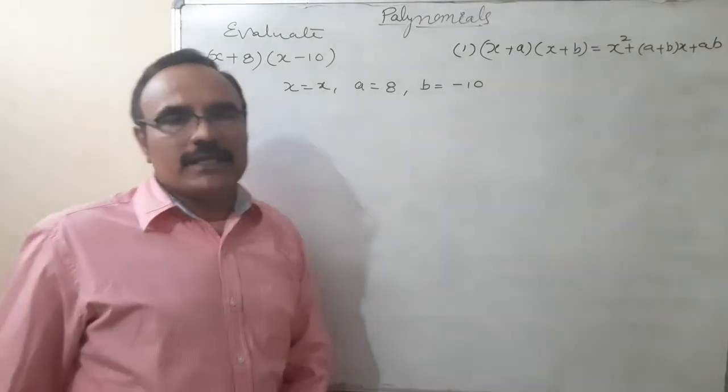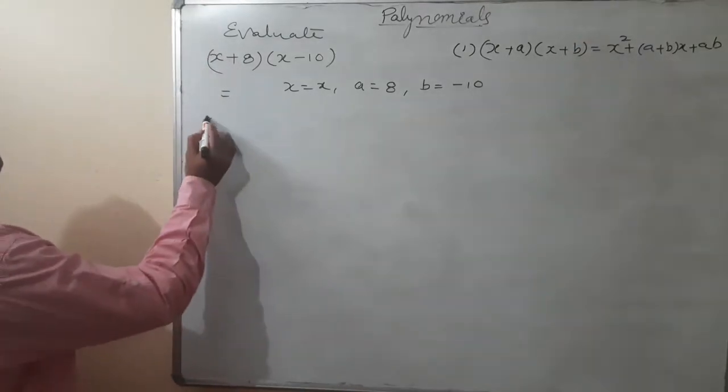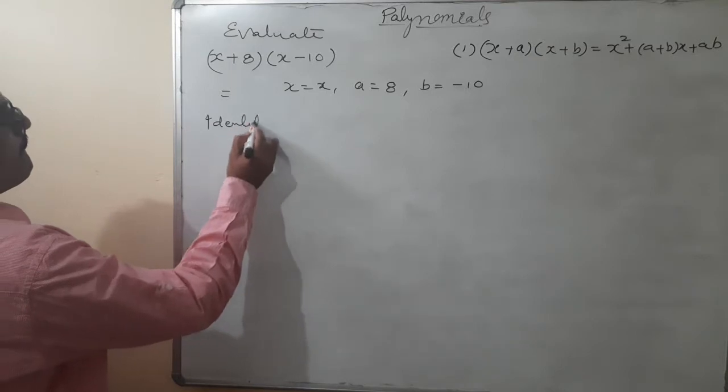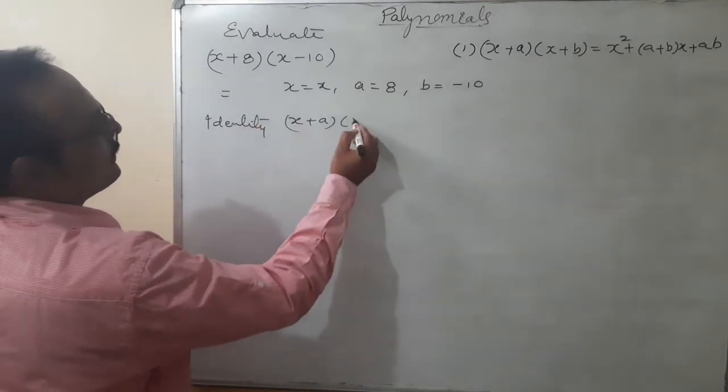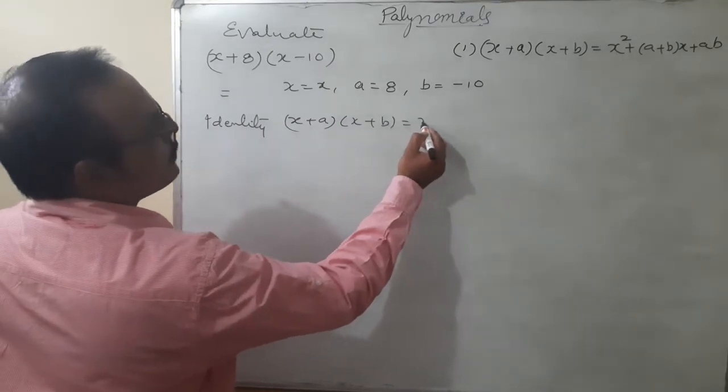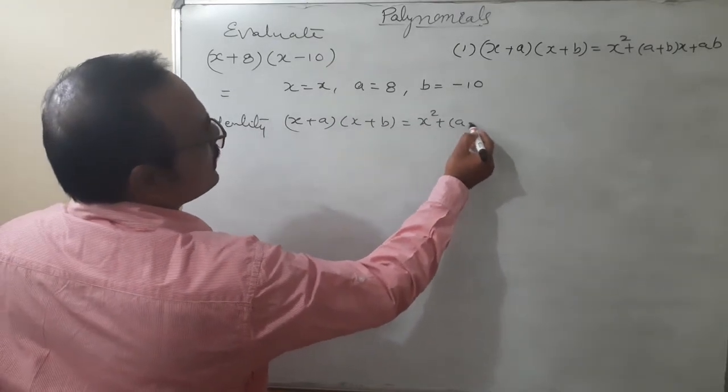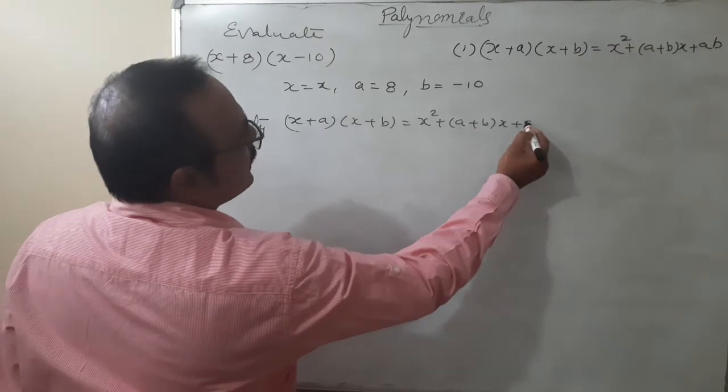What does it mean? I'll write first this identity. X plus a, x plus b is equal to x square plus a plus b into x plus ab.